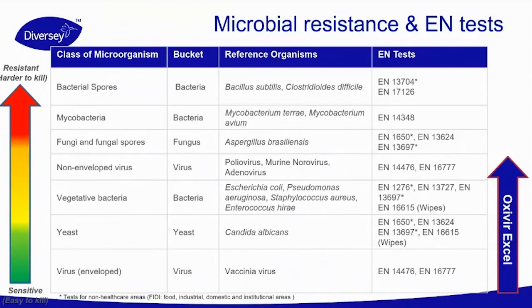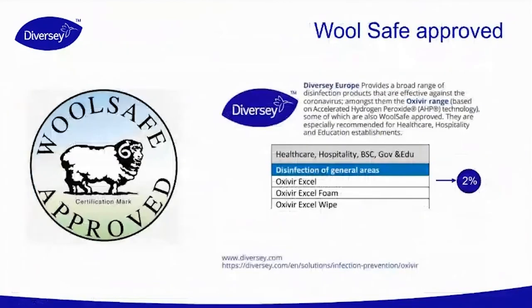So you can see that Oxygenrich Cell is effective against envelope viruses, yeast, bacteria, but also non-envelope viruses. It is also WUL-SAFE approved. So Diversey has the WUL-SAFE for our Oxygenrich Cell, Oxygenrich Cell foam, and Oxygenrich Cell wipe.